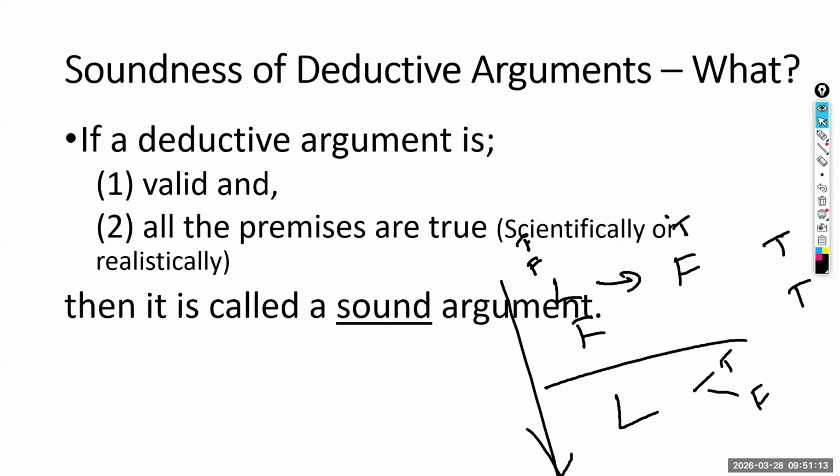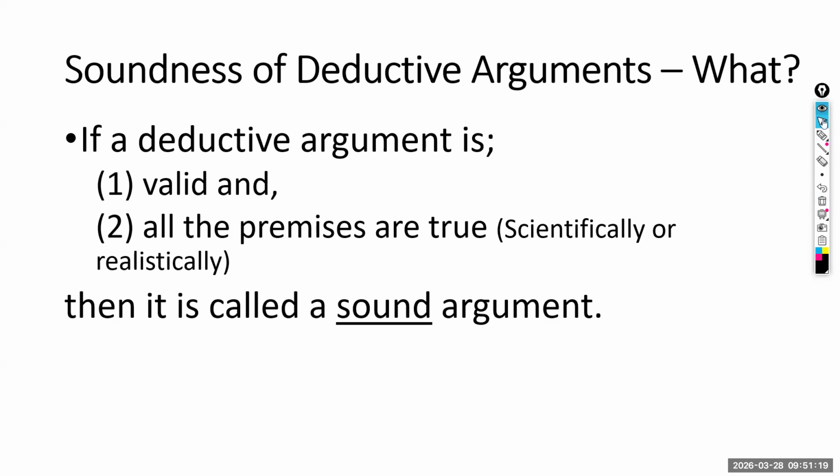Right. So first you need to check whether a deductive argument is valid or not. If it is valid, now you have another thing to do, that is check whether all these assumptions are correct. Factually correct, scientifically correct. Then, of course, you can say it's a sound argument. Otherwise, though it's logically valid, it's not a sound argument.